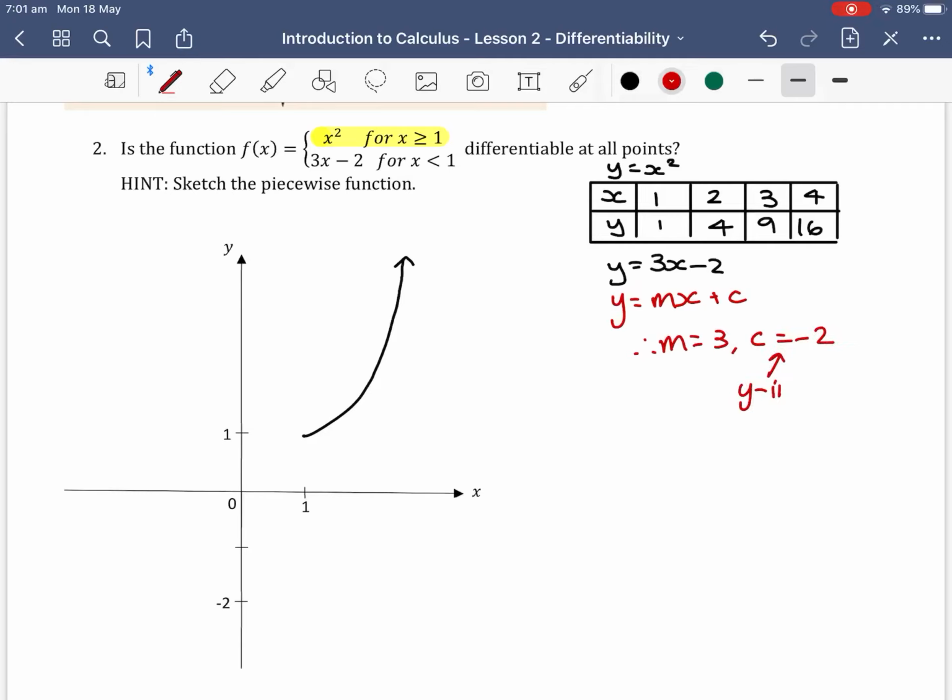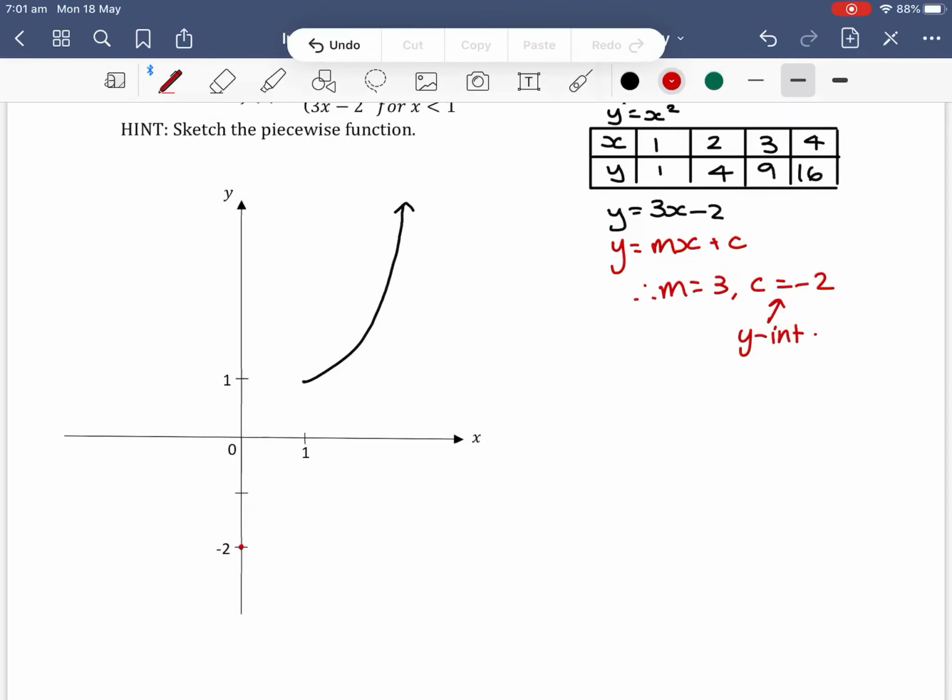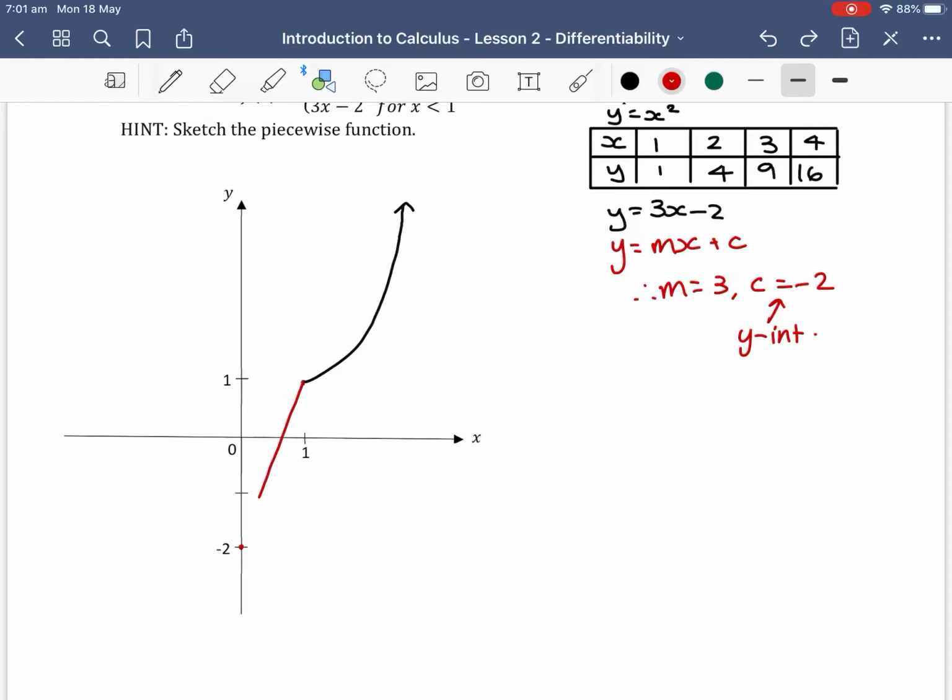So for this part of our graph, we have a y-intercept of -2, and then our gradient is 3. If we go up 1, 2, 3 and across, we get it there. So we're just going to have a straight line going through this point.